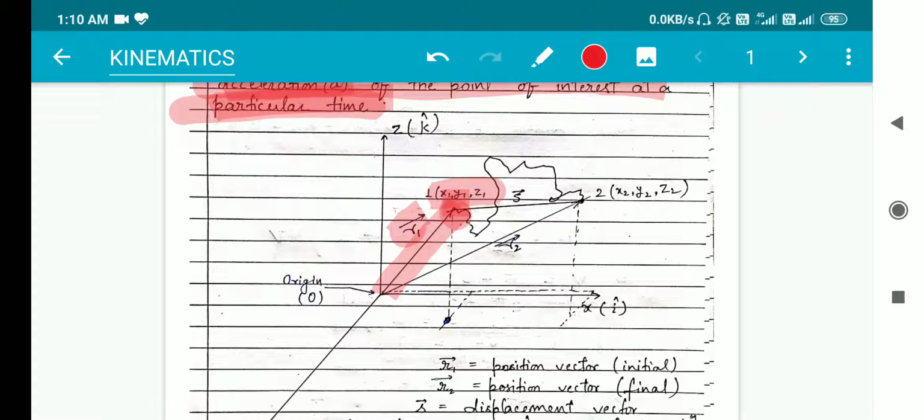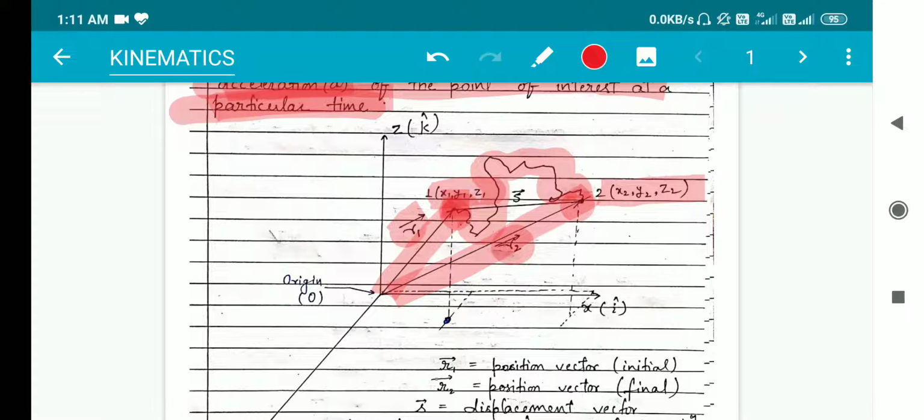Now, as you know, insects do as they please, so it starts moving from here and reaches point 2 with coordinates x2, y2 and z2. With reference to that final point 2, the position vector is r2.